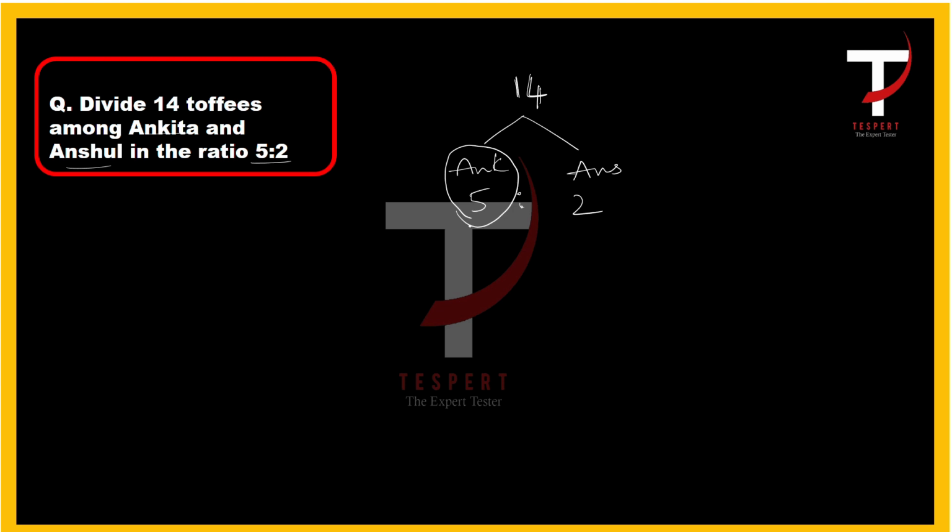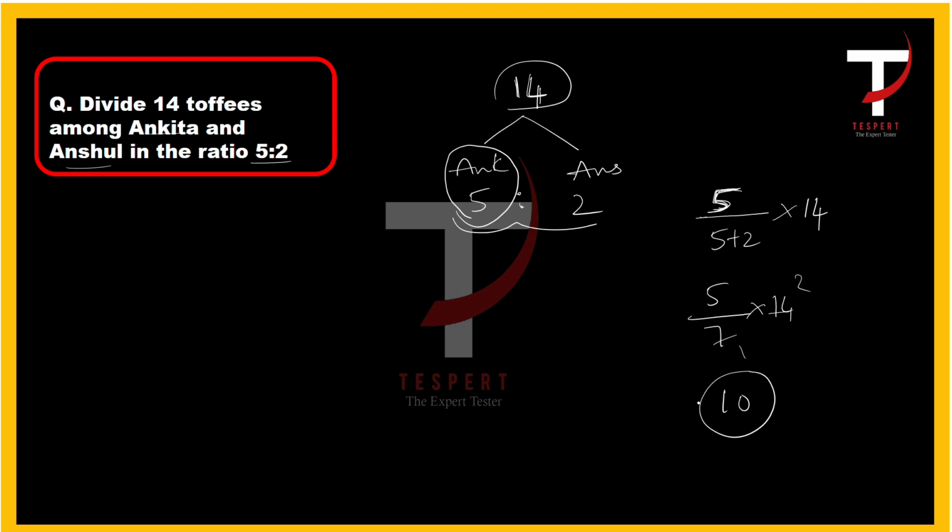So what we do here is, if we want to find out Ankita's part, we will write her share: 5 by, what is the total part here? 5 plus 2, right? Into how many are there? 14 toffees, right? Into 14. So 5 by 7 into 14, which is equal to 10.